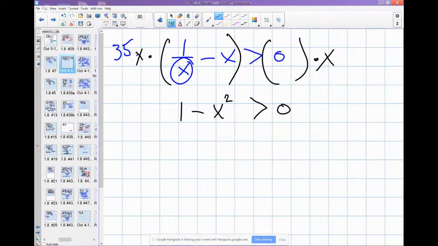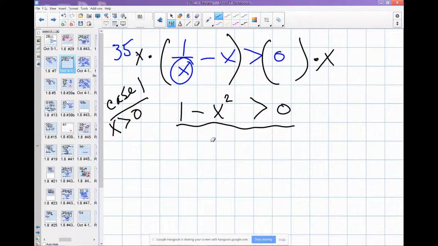Let's call this case 1. In case 1, we're going to assume that x is positive, and so I did not change the inequality. We're going to have to do a case 2 where x is negative, right? So let's solve case 1.